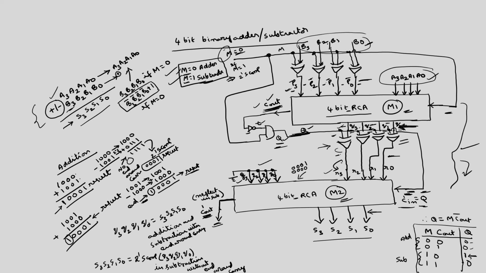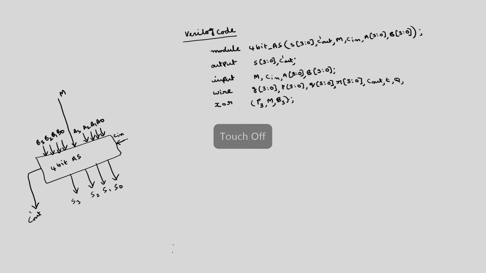Similarly, P2 is M exclusive OR with B2 and so on. Exclusive OR P2, M with B2, exclusive OR P1, M, B1, exclusive OR P0, M, B0.